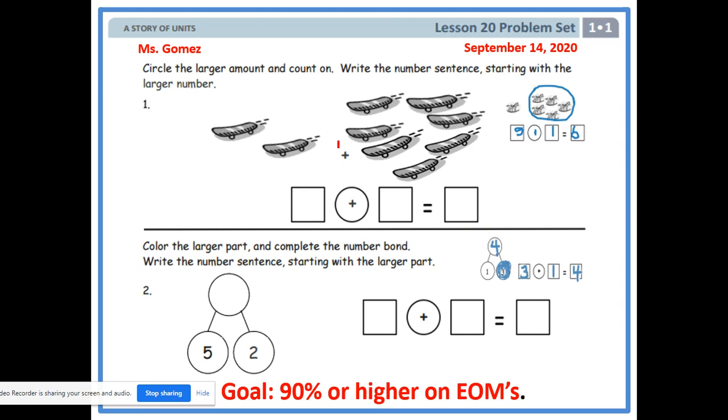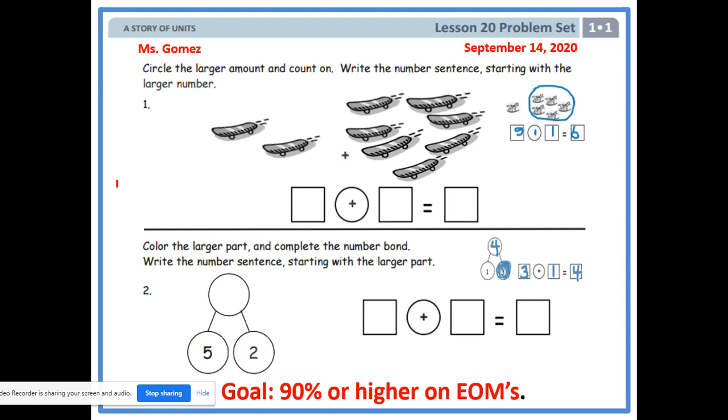So go ahead and turn to your problem set, page 137, and your first 2 problems should look like this. Page 137, lesson 20. You can go ahead and pause the video at this time to make sure you find your page. Press play when you found your page and you're ready to continue.